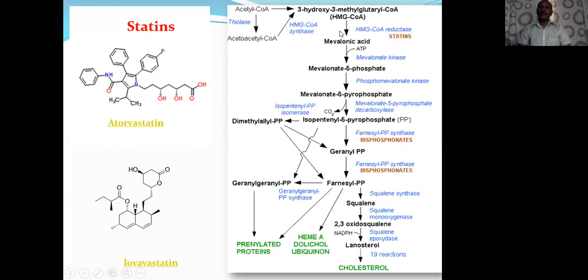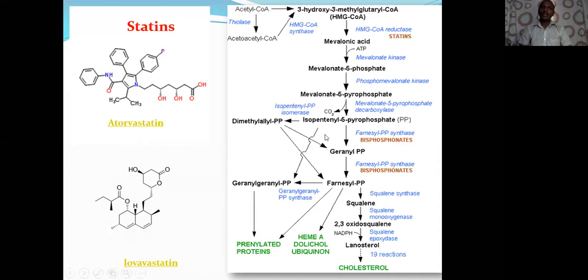If this is inhibited, cholesterol will not be synthesized. Once cholesterol is not synthesized, endogenous cholesterol starts metabolizing. Endogenous means the cholesterol which is present in the tissue starts getting metabolized, and then the cholesterol levels in the tissue will be reduced. And circulating cholesterol also will be reduced.